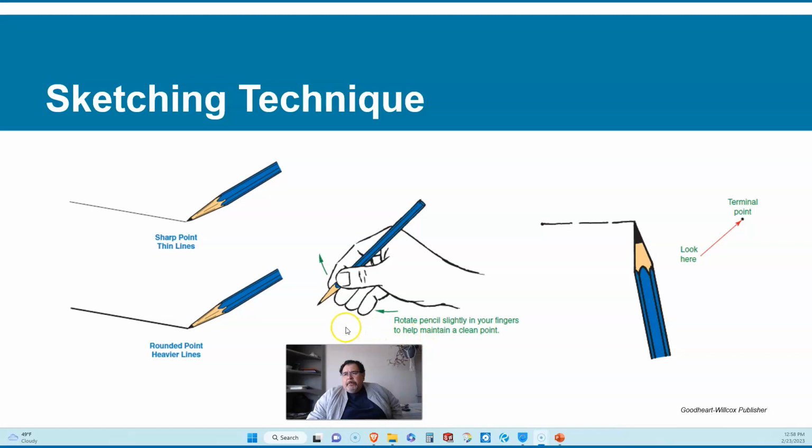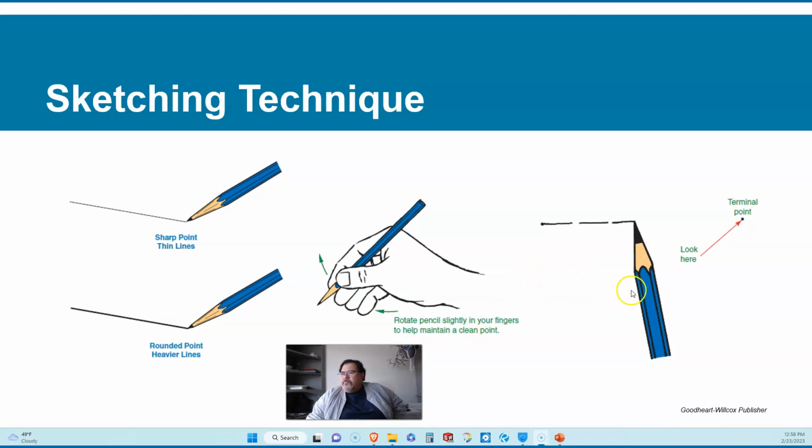So when you are drawing, you can spin the pencil in your hand and you're always working on the sharper point of the line. As things start to get rounded over, you have a part of the pencil which gives the best amount of color, and the line is more viewable, not so scratchy. So rotating the pencil helps maintain a clean point.